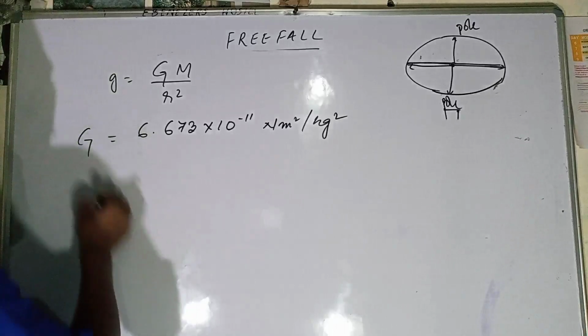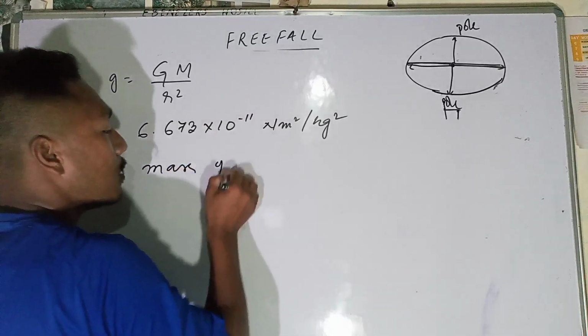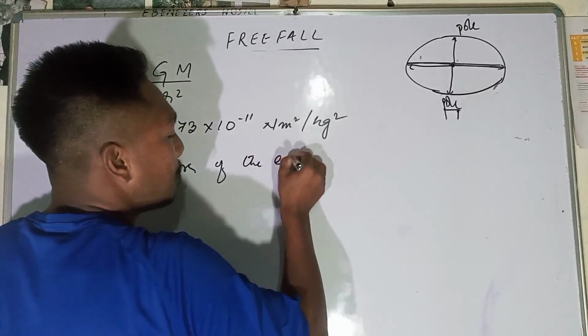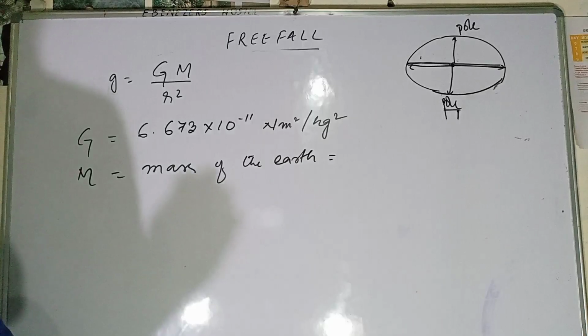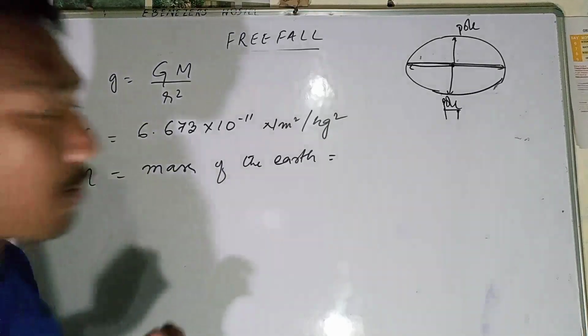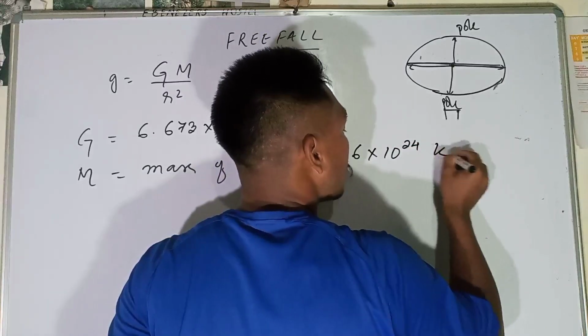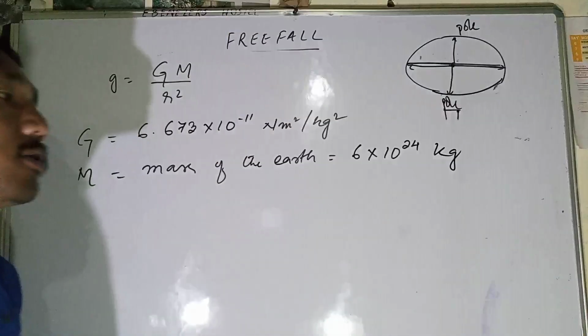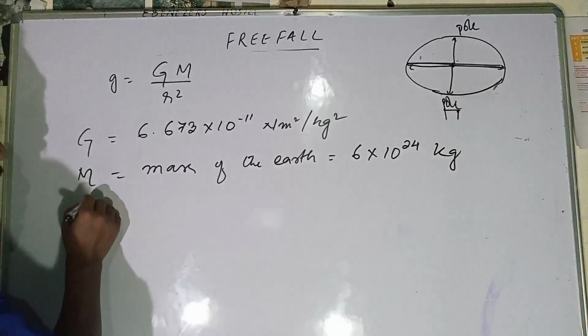Next, we have the mass, that is M, the mass of the Earth. The mass of the Earth is taken to be nearly 6 into 10 to the power 24 kg. Next, we have the radius.